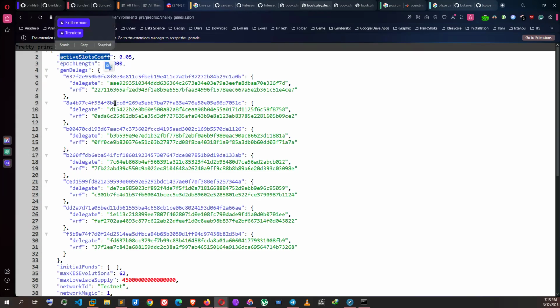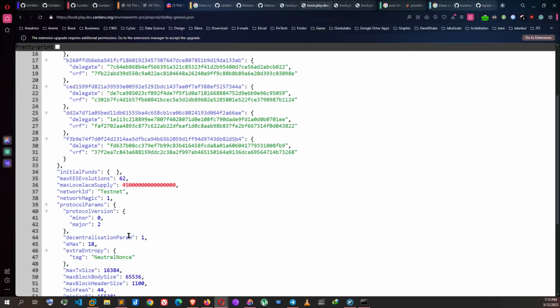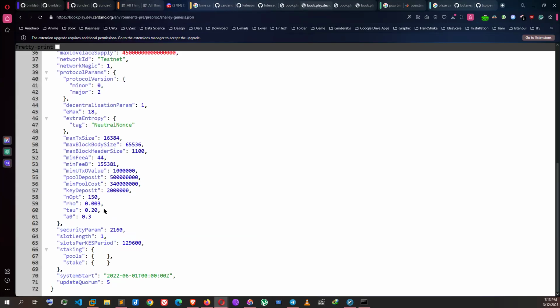Something I just saw as well: there is this active slot coefficient. Do you know what it is? That basically says a slot is approximately every 20 seconds. It's actually a percentage of time, so it's 5%. It's basically saying that 5% of the time, that slot will be the one that has a block in it, so it's basically a multiplier.